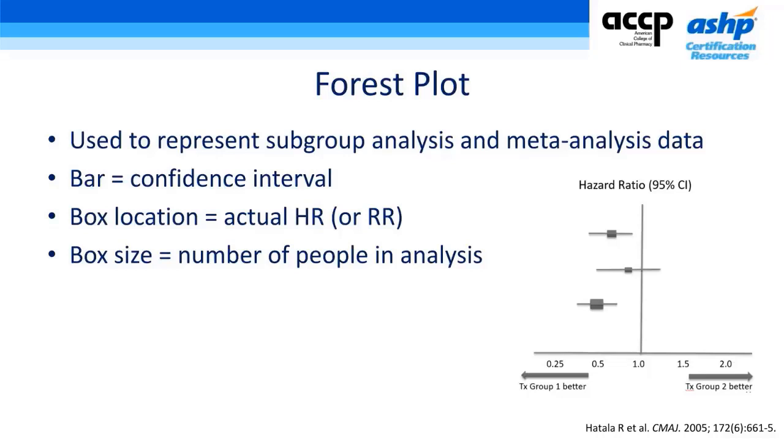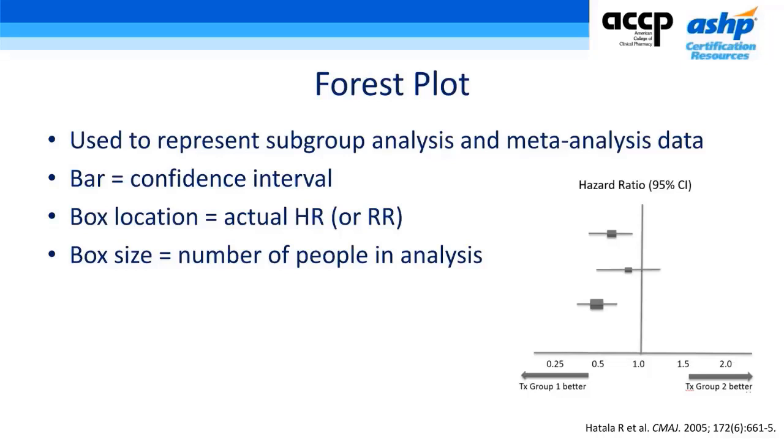Now, each of these little bars and the squares within the bars, they actually have some meaning from the data. So the horizontal bar is the confidence interval for that hazard ratio. And the box location, so the little square location, is what the actual hazard ratio or potentially relative risk is for that confidence interval.